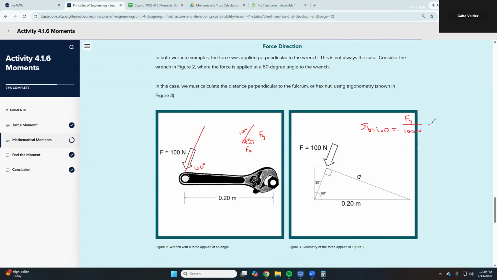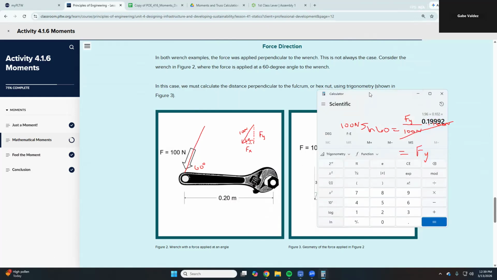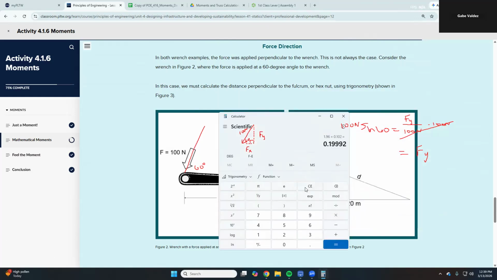And so multiplying by 100 newtons on both sides, you end up with the y component equal to 100 newtons times sine of 60. So go into our calculator, sine of 60 is 0.866 multiplied by 100. So that's equal to 86.6.